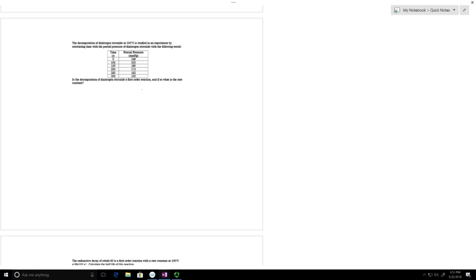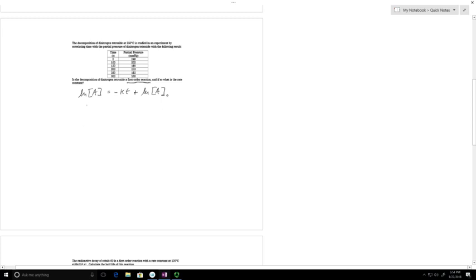So here's how we would approach this problem. We'd start with the fact that we're questioning whether it's a first order reaction. Well, if we were to linearize a first order reaction, we'd say natural log of the concentration is equal to negative KT plus the natural log of the initial concentration.